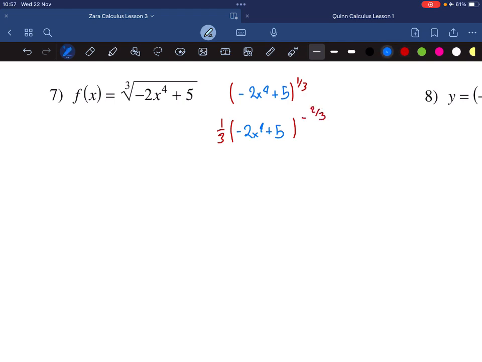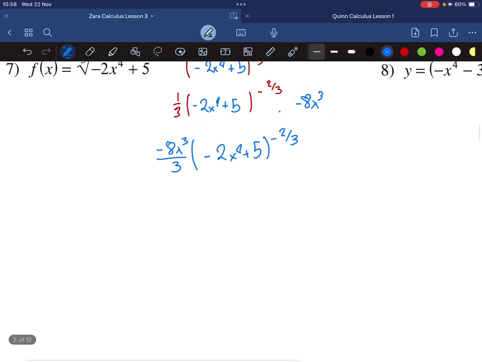So now we can keep going. So now we have the derivative of the inner function. So this gets multiplied by minus 8x cubed. Multiply this out, we have minus 8x cubed divided by 3, multiplied by minus 2x to the 4 plus 5 to the minus 2 over 3. And if we simplify this, what we get is minus 8x cubed divided by 3.